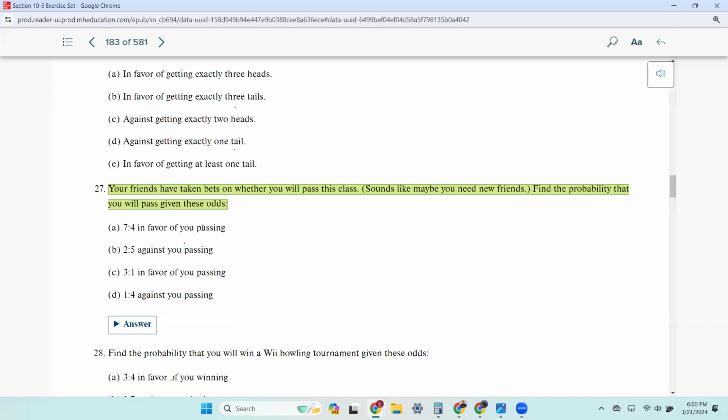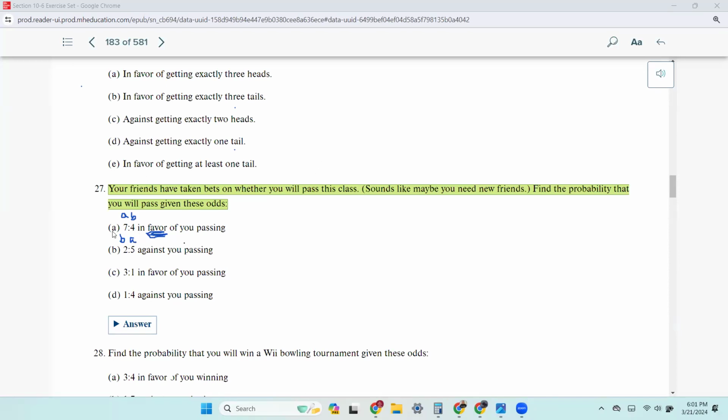So let me show you. All right. Okay, remember, this is in favor. So that means that this is A and this is B. On against, this is B and that's A. So that's the first thing we need to remember.